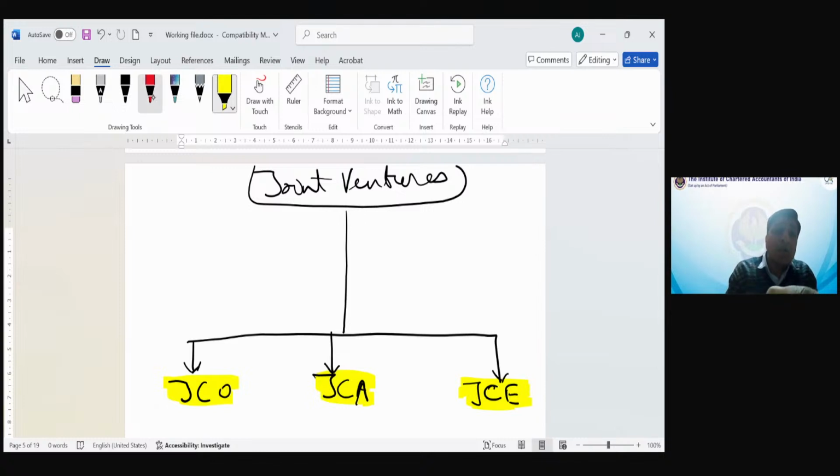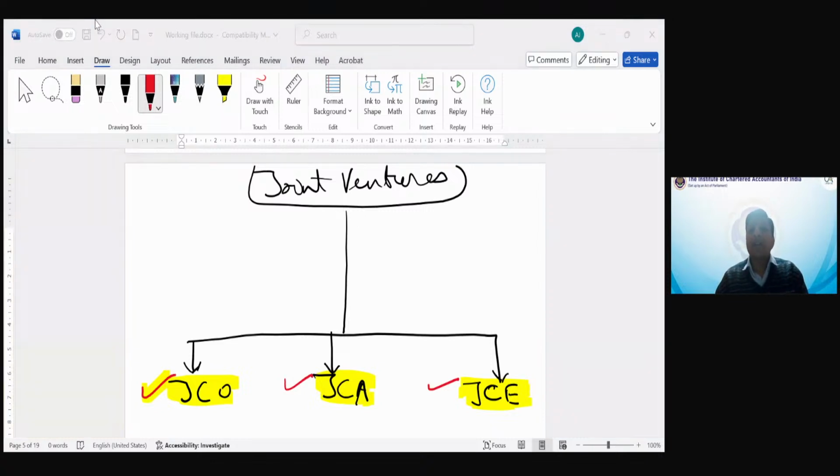Whether we are talking about JCO or JCA or JCE, all of them are what? Joint ventures. So that means whenever you get into this assessment of JCO, JCA, or JCE, those three conditions must have been fulfilled already. What are those?